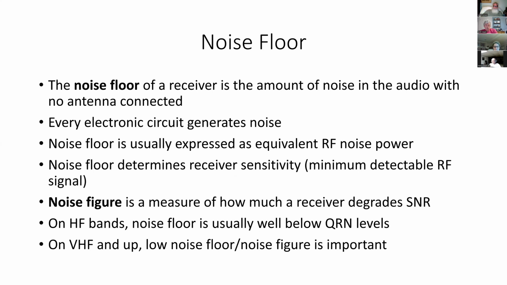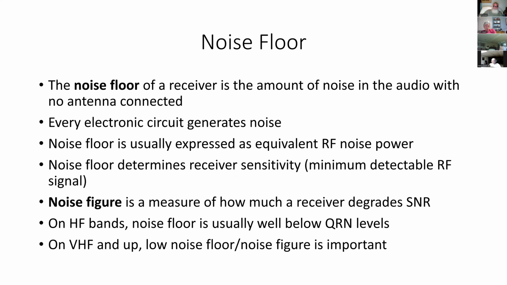A noise figure is another way to express that. It's a measure of how much a receiver degrades the signal to noise ratio of a particular signal that you're receiving. Now, this is important for very weak signals or near the minimum that your receiver can hear.